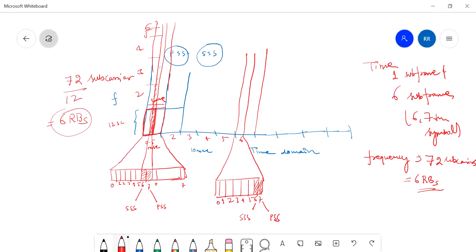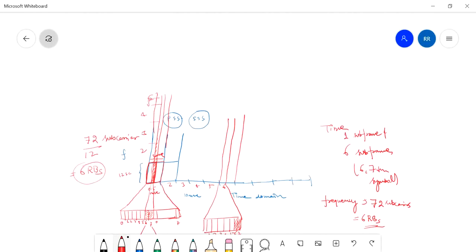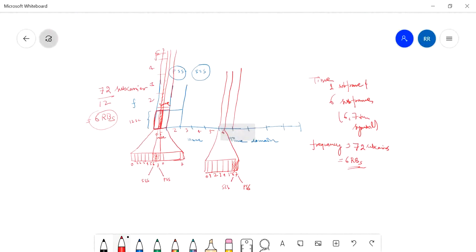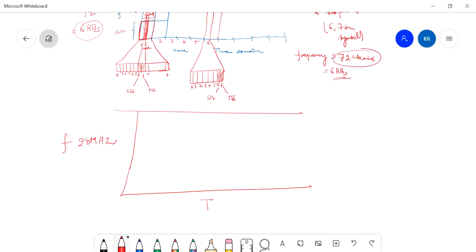Now one more thing. I'll draw another picture. This is the time domain, this is the frequency domain. Suppose we have a bandwidth of 20 megahertz. In these subframes, where would those 72 subcarriers be? They would be in the middle of the frequency. They will always be in the middle of the frequency.